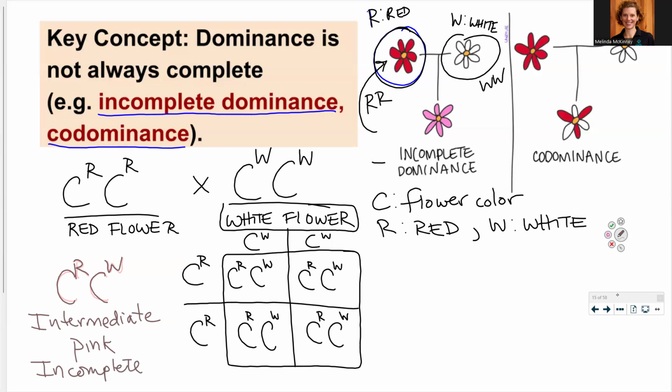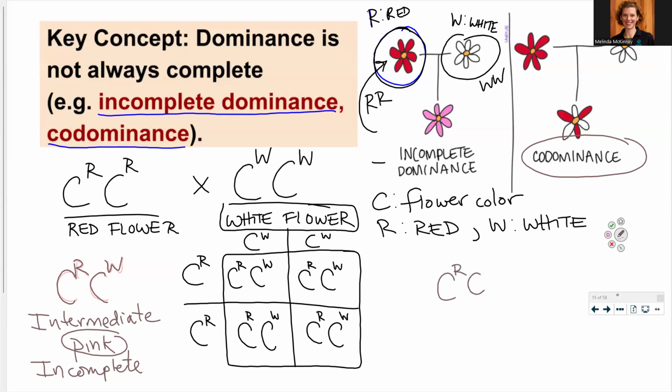So 100% of the offspring, if this trait is inherited with a pattern of incomplete dominance, would be pink. If flower color is inherited in a pattern that is codominant, then 100% of the offspring are going to have both of the traits expressed.